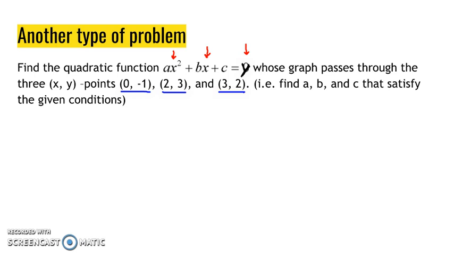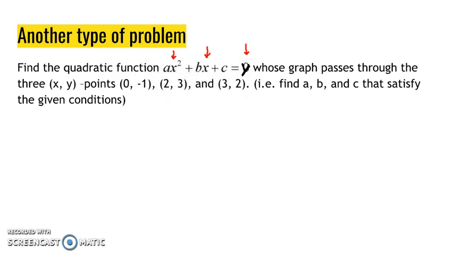Each of these points has an x and a y value. So we're going to need to use the x and y values of these three points and plug them into our standard form.